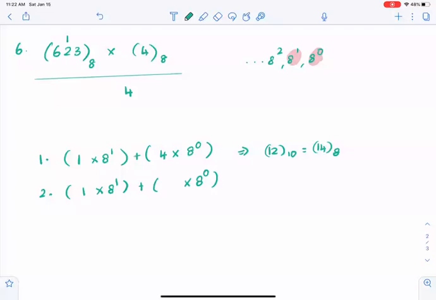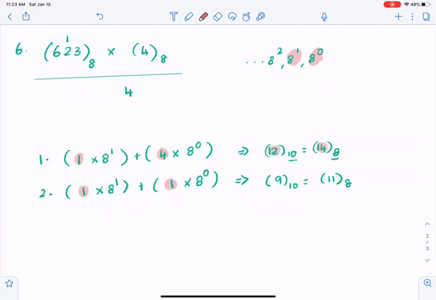So 1 times 8 is 8, and 1 times 8 raised 0 is 1, which is 8 plus 1, 9. So 9 in base 10 would be 11 in base 8. You can see we went back in base by 2, but we move forward, or we add by 2.